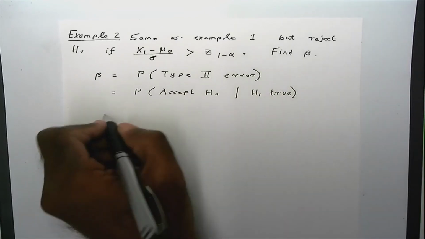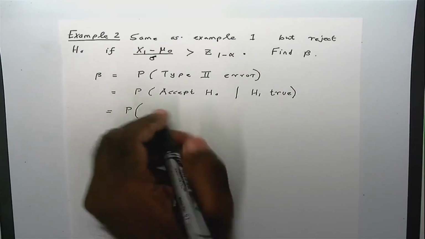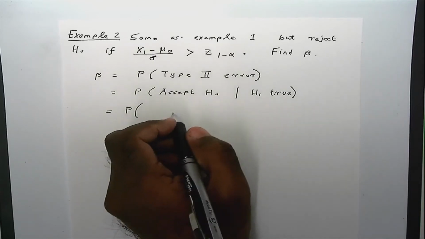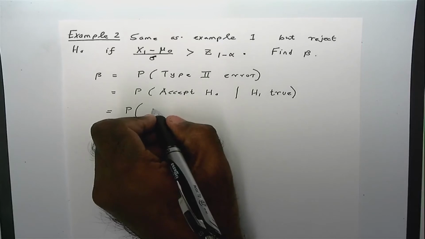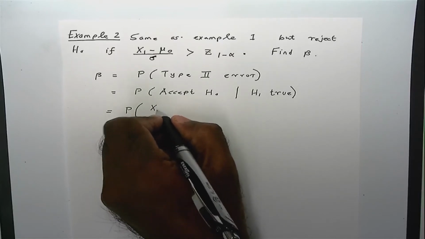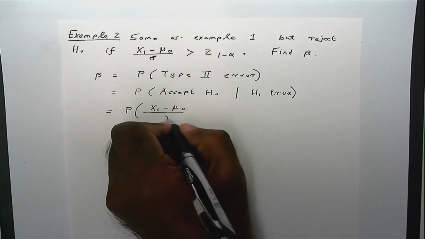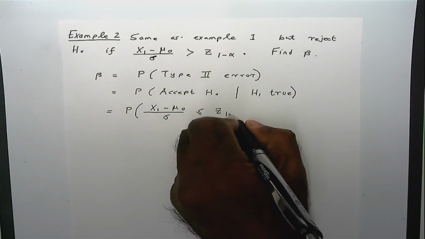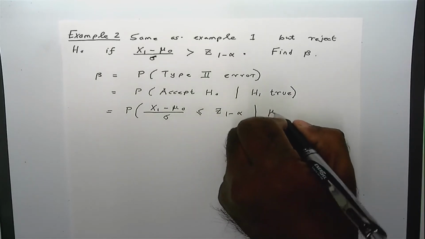This is the rule for rejecting H0, so the probability for accepting H0 is this one, given that mu is greater than mu 0.